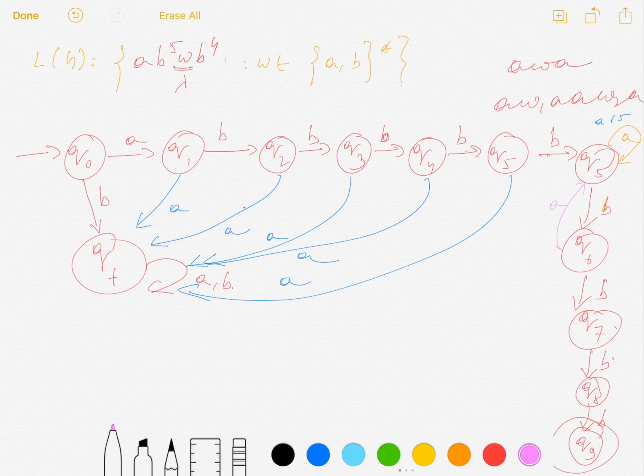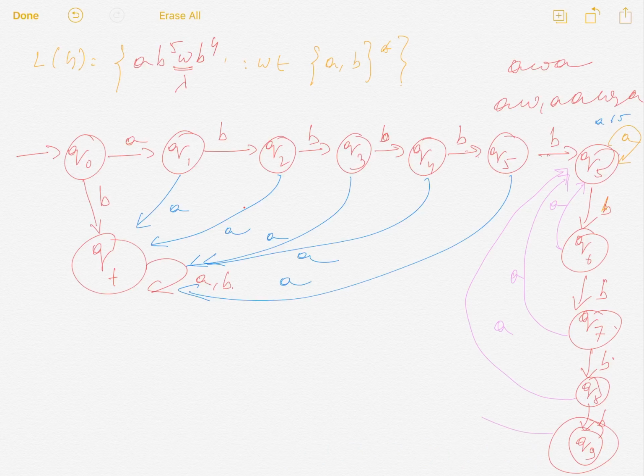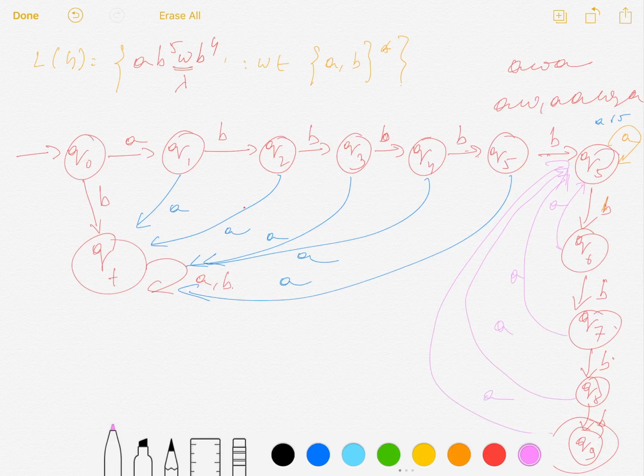Until it gets 4 b's, it will not reach the final state. Similarly at q7, if it gets a, then it should go to q5 again to get the 4 consecutive b's. So why am I returning back to q5? To get 4 consecutive b's only. So up to q9, it will go to q5 to get 4 consecutive b's.